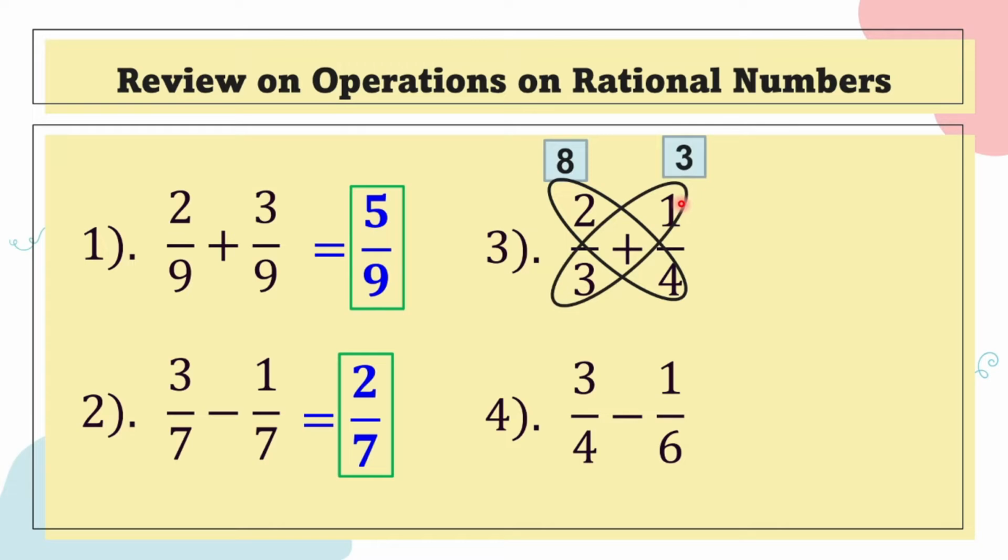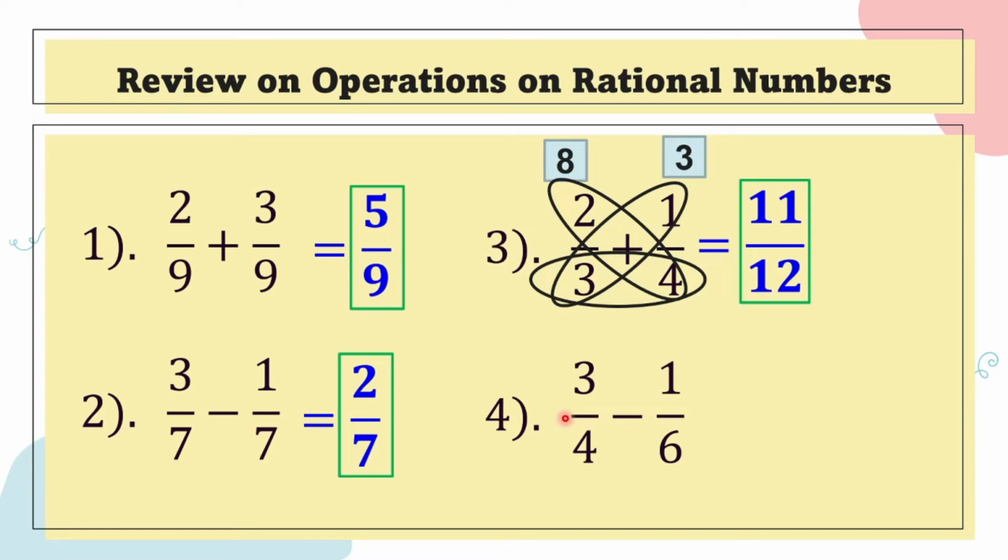Then, para makuha yung magiging denominator ng final answer natin, i-multiply natin yung dalawang denominator, which is 3 and 4. So, combine lang natin yung numerator na 8 plus 3 and yung ating denominator, which is 12. Yan na yung final answer natin.